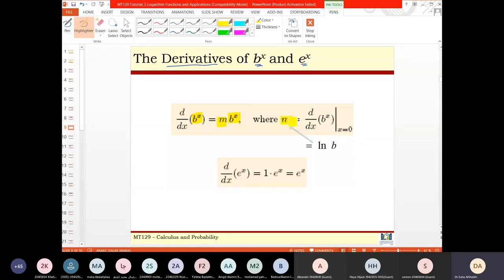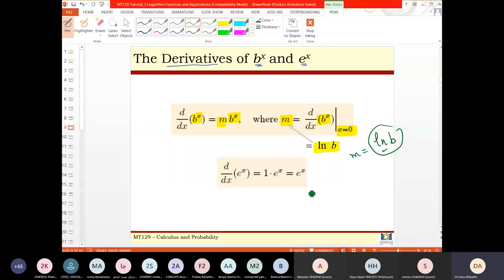And what is this m? The m is the derivative of the function at x equal to 0. In another way, we can say this m is ln b. Again, ln, a natural logarithm, you can find it in the calculator. هذا ln موجودة بالcalculator. So this m is equal to ln b, which is actually the derivative of b^x at x equal to 0.